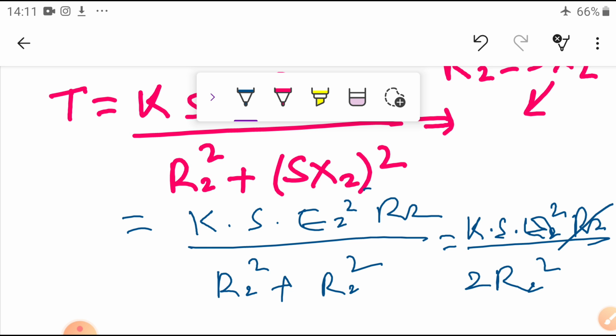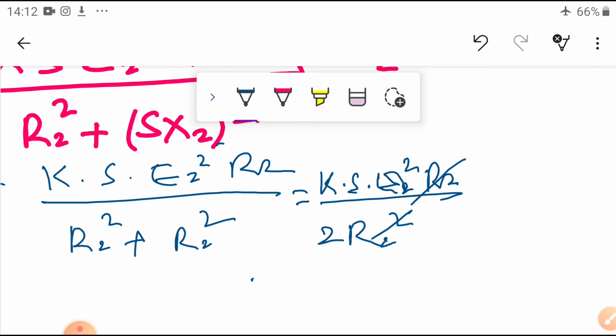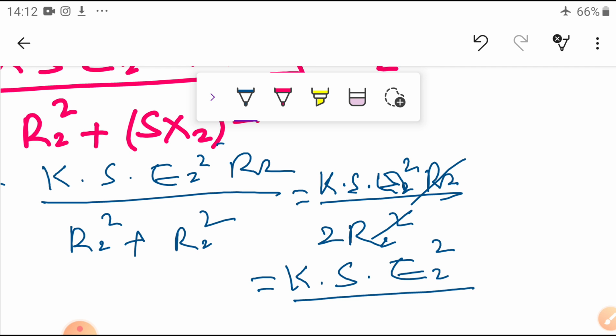This R2 gets cancelled. Then we are going to get, what is the equation? K into S into E2 whole square by 2 R2.